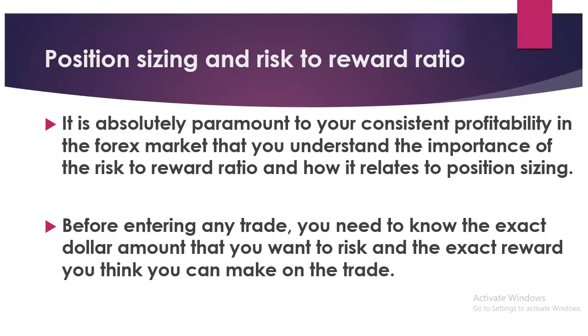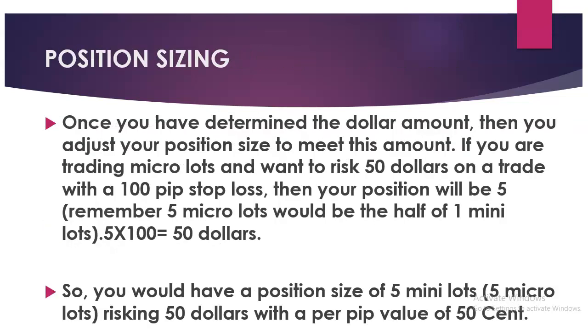It means that if you are risking $1, you are looking forward to gain $5. So that is basically what we're talking about, the risk to reward ratio. Of course, you need to really understand all of that.